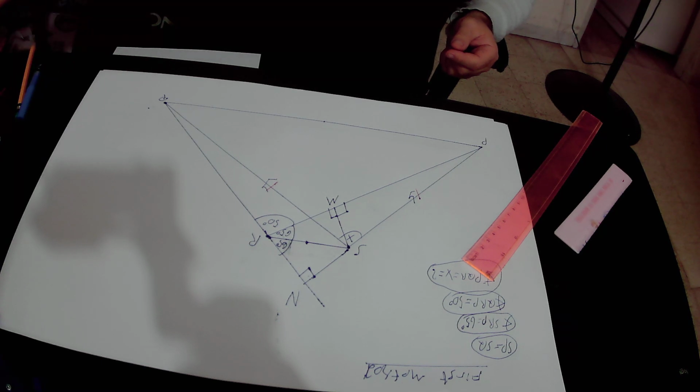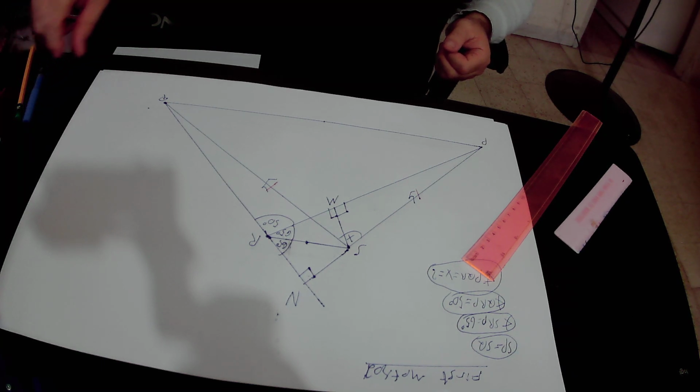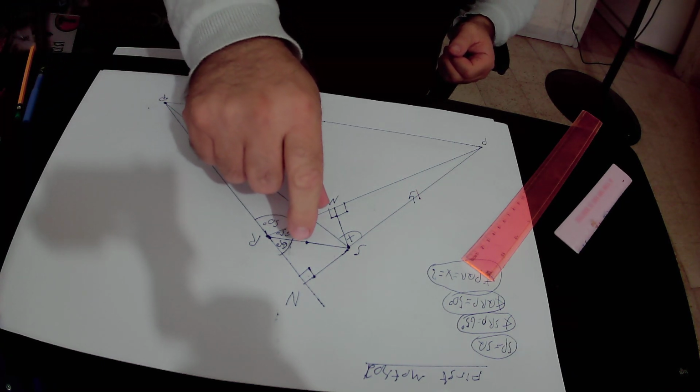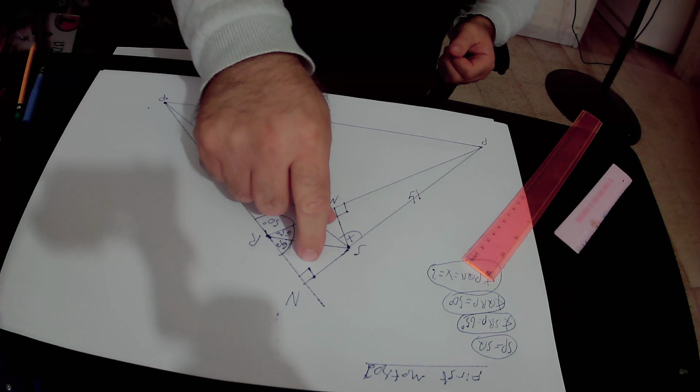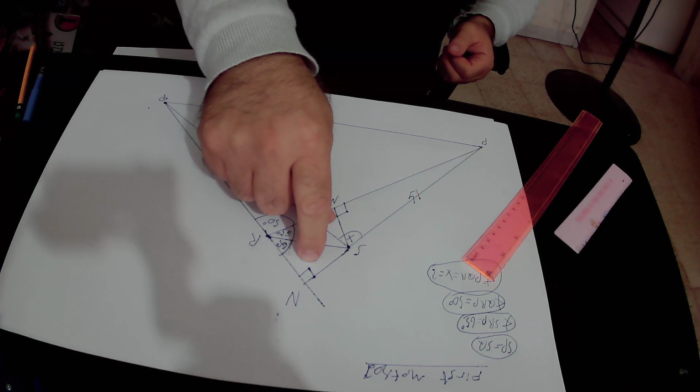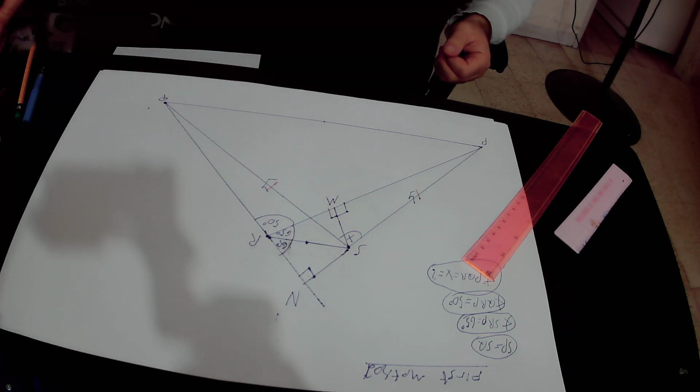Okay, so in the next step we will prove that those two right triangles can go into each other.